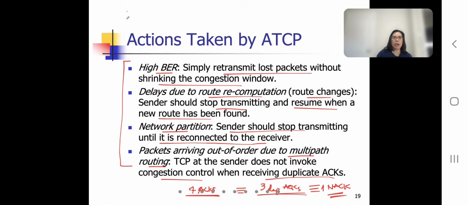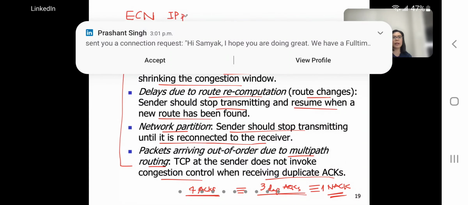For congestion, at the network layer, the IP layer, there's something called ECN, explicit congestion notification. And when this flag is set in the IP packet, that indicates congestion.